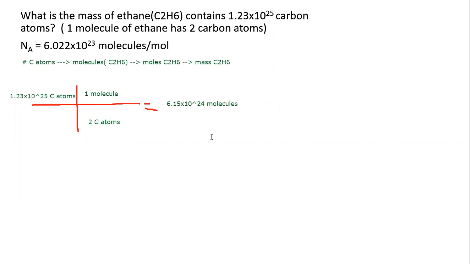So if you look back at your little triangles we wrote on the previous slide, you know that molecules divided by Avogadro's number gives us moles. So we have the molecules, we're going to divide by Avogadro's number to give us moles of ethane.